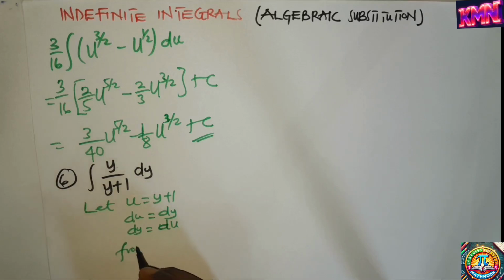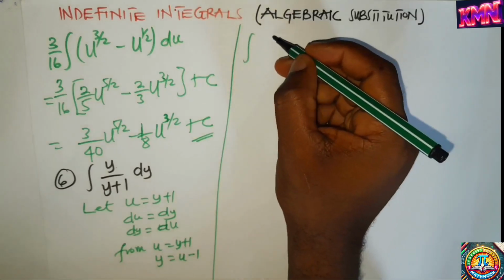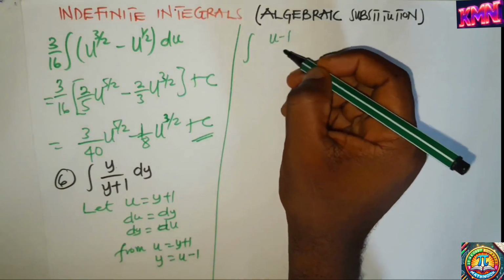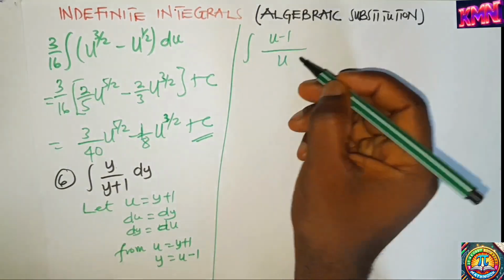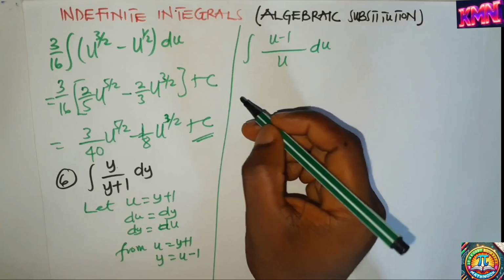So from u equals y plus 1, our y becomes u minus 1, of which when we substitute everything back, y is now u minus 1, and then this is u, and over here this is du.